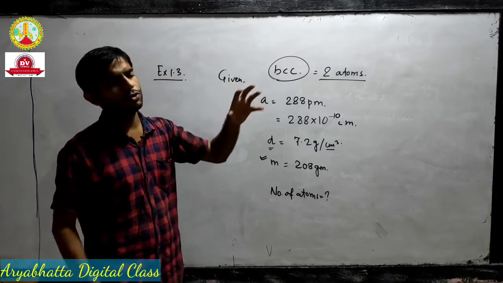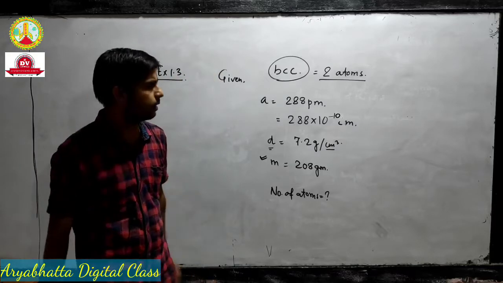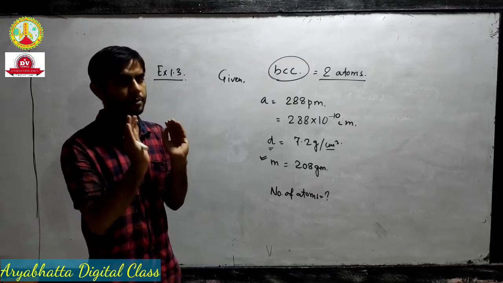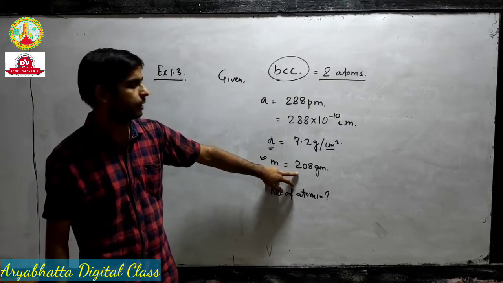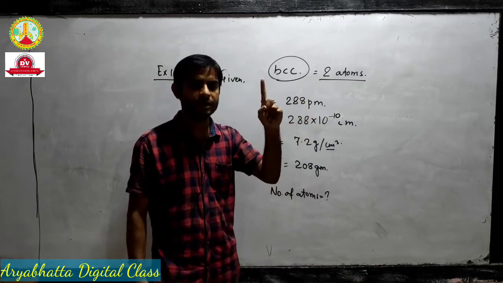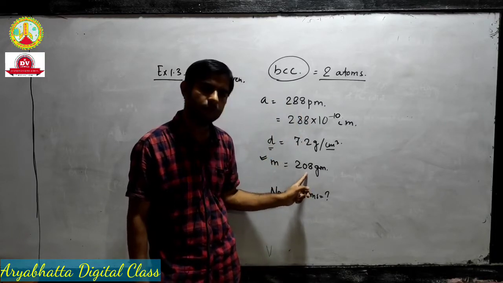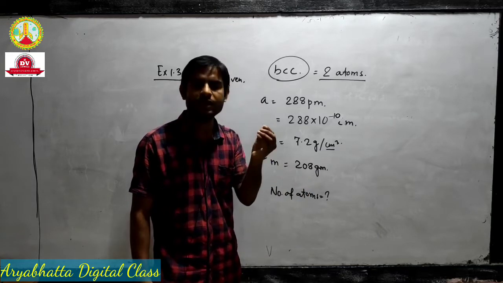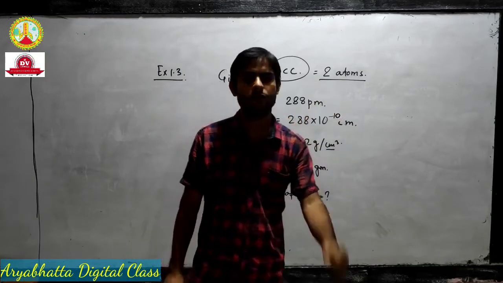Suppose we have n number of unit cells arranged together, forming a mass of 208 gram. If we can calculate the mass of a single unit cell and divide 208 by it, we will get the number of unit cells. Once we get the number of unit cells, multiplying by 2 will give us the number of atoms.